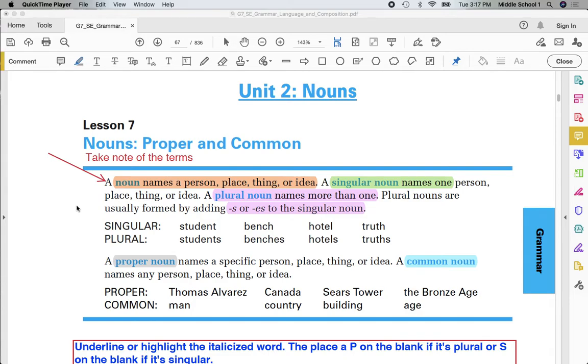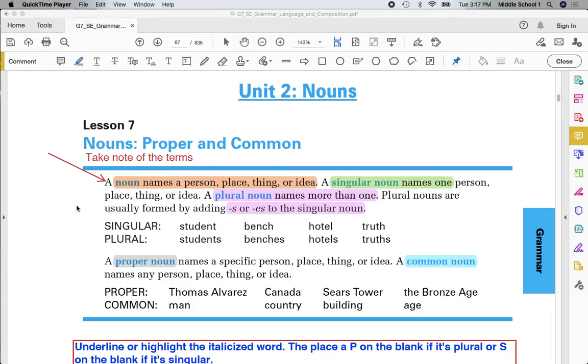Words like student, bench, hotel, and truth are singular. They name one person, place, thing, or idea. Students, benches, hotels, truths. Notice these end in S or ES and name more than one person, place, thing, or idea. So we call them plural.